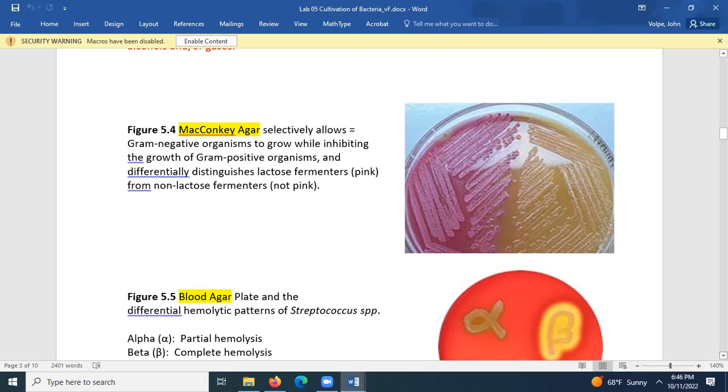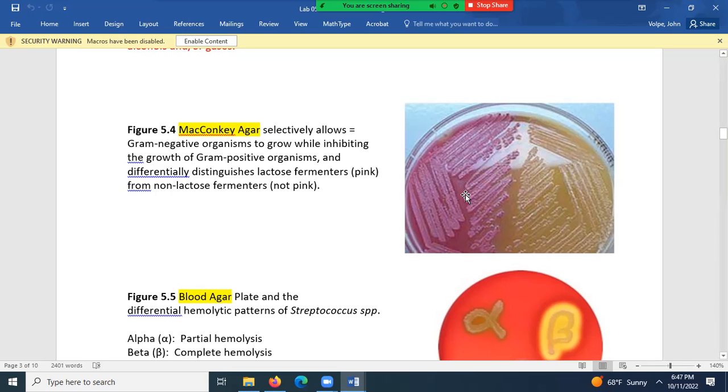McConkey's is also differential in that it allows you to differentiate lactose fermenters from non-fermenters. If the bacteria can grow on McConkey's and it ferments the sugar lactose, it will turn the plate and the growth pinkish or purplish color.